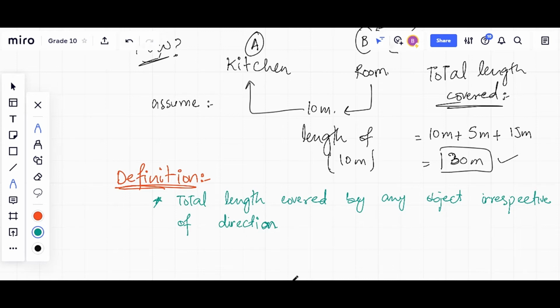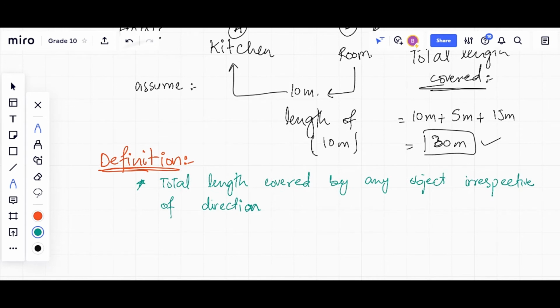Now coming towards its units, what is the unit of distance? The SI, Standard International unit, which is used for distance is meters, which can be denoted with a small m like this. That is the unit for distance.